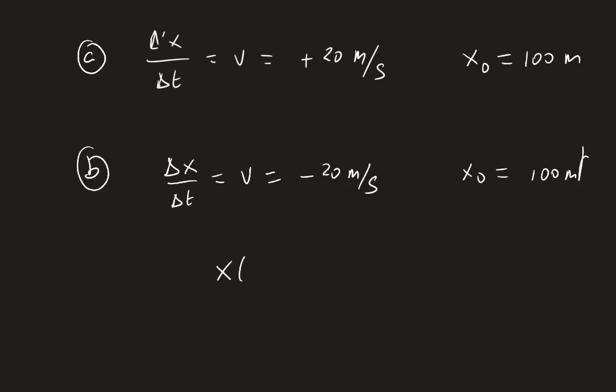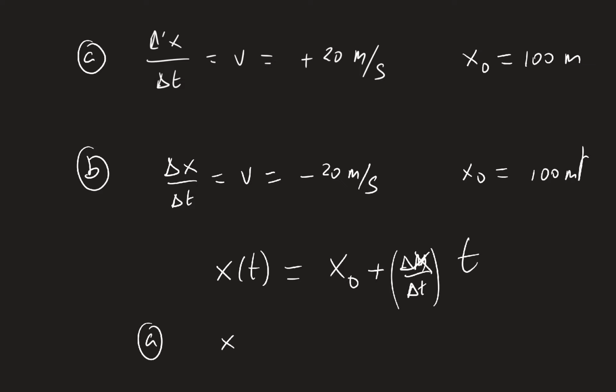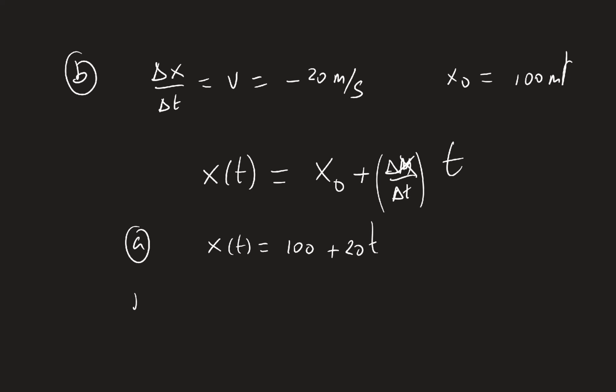The x of t, your money maybe, is the x0, maybe your initial money, plus the rate of change, oh, not your money, your position, times t. Can you connect this equation? Can you find that for case A, x of t equals 100 plus 20t, and for case B, x of t equals 100 minus 20t?